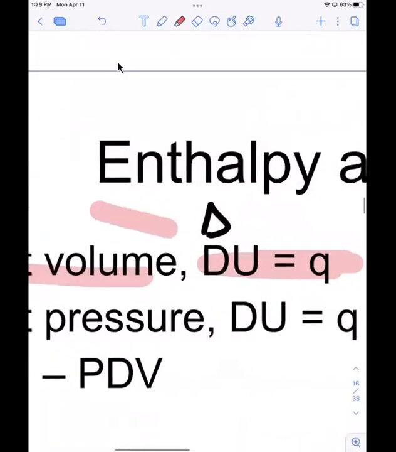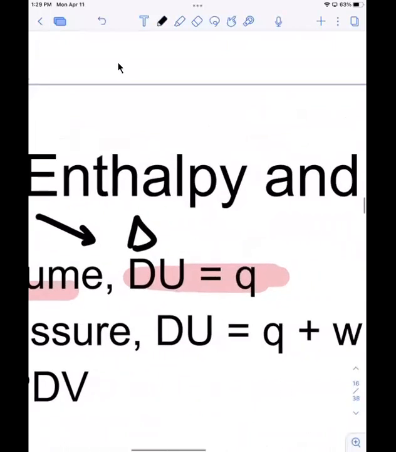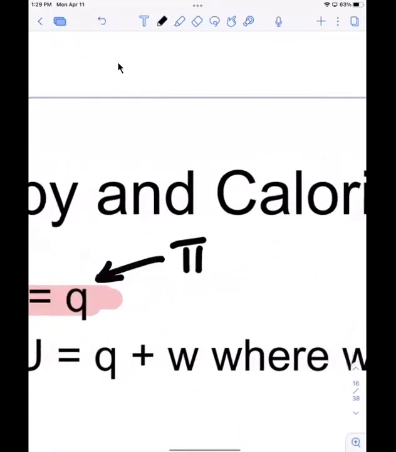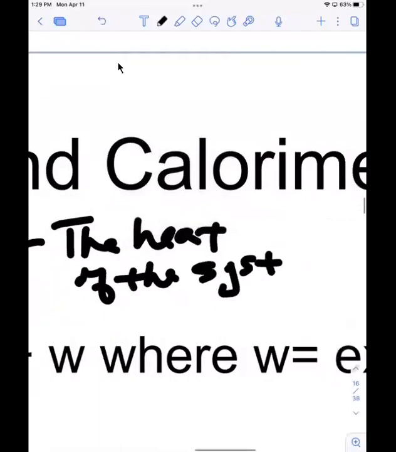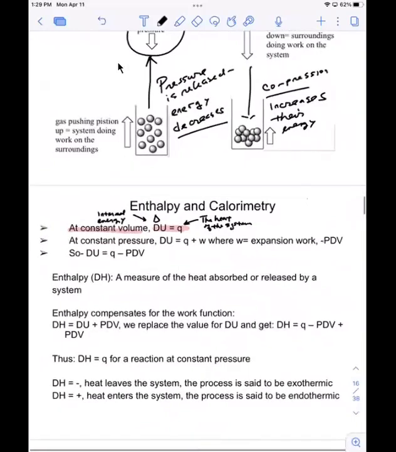So this is the internal energy of a system, and this is heat of the system, right? And so at constant volume, those two are equal.